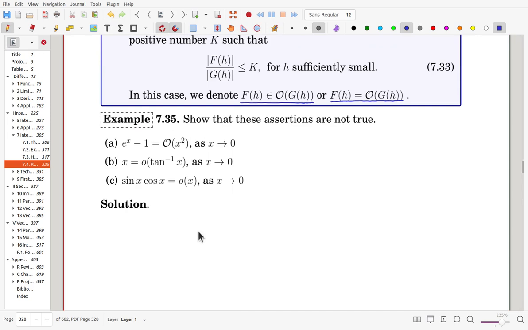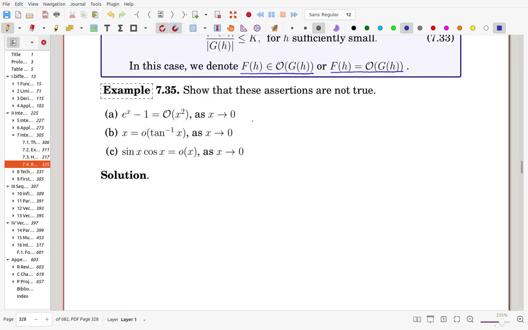Okay, show that these assertions are not true. Start here, part A. So the limit as x approaches 0 of e to the x minus 1 over, now g(x) is x squared.